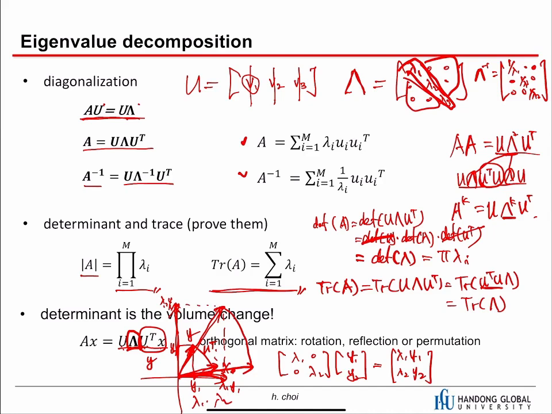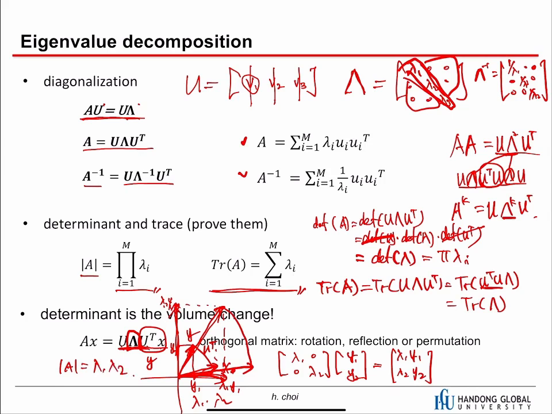So the determinant of A is the determinant of the lambda matrix, which is the multiplication of lambda 1 and lambda 2 in the two-dimensional space example.